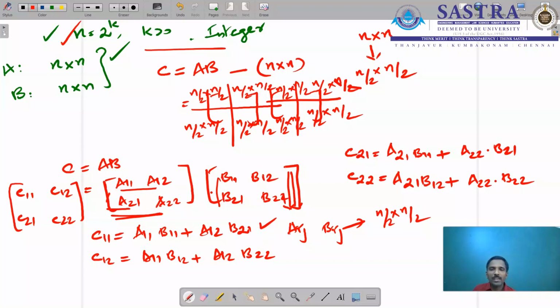When we multiply, say, A11 into B11, or simply write Aij into Bij for i equal to 1 to 2 and j equal to 1 to 2, since the product of two n by 2 by n by 2 matrices is also obtained by applying the divide and conquer logic.